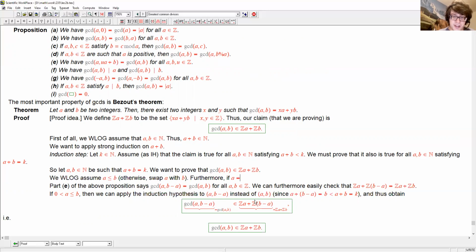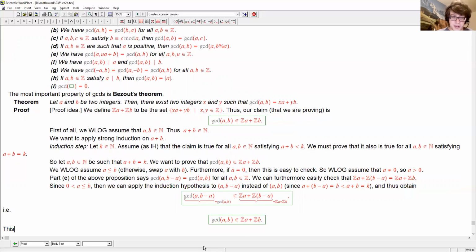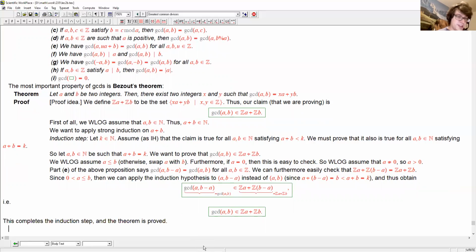Well, if A equals 0, then this is easy to check. Check it. This is really not the hard part here. So without loss of generality, we assume that A is non-zero, so A is bigger than 0. And now instead of saying if, we can say since. And so the induction step is complete, and the theorem is proved. More details in the notes.